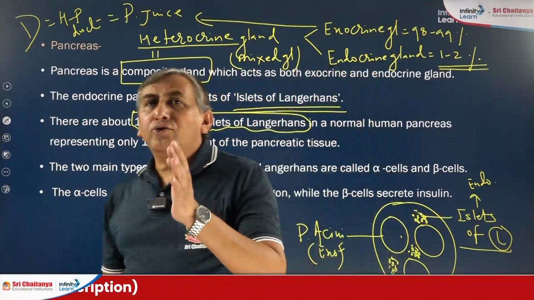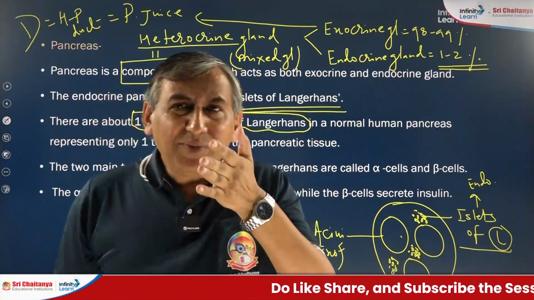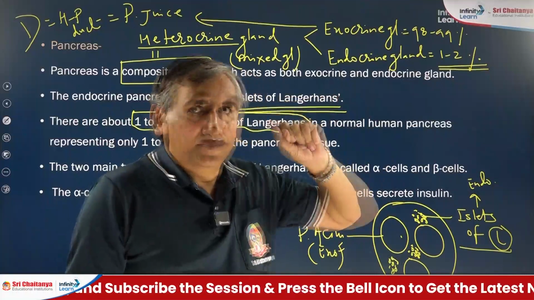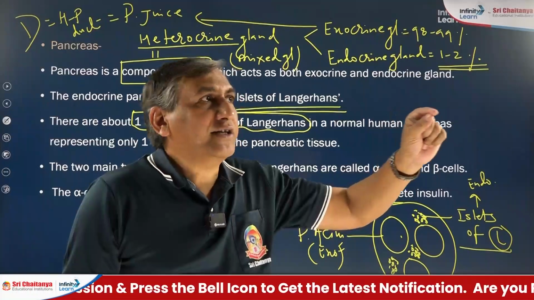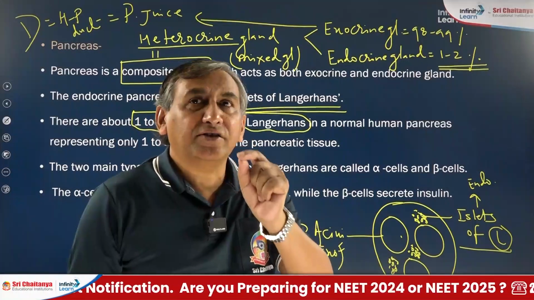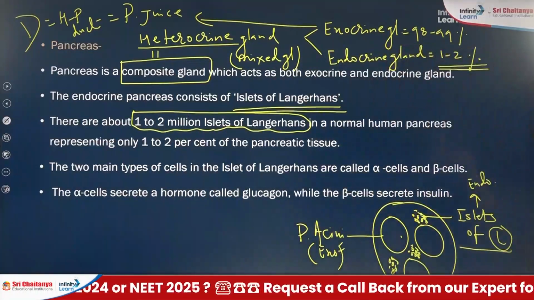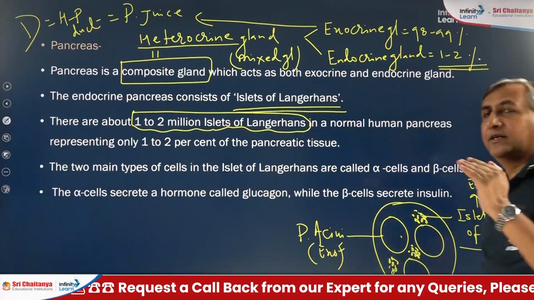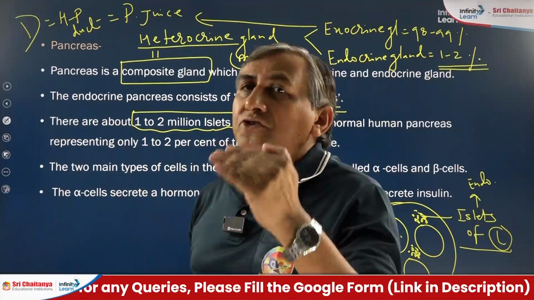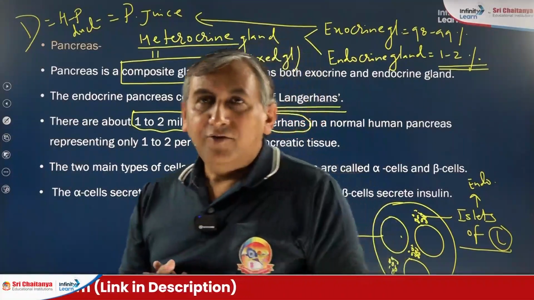So which is the endocrine part of the pancreas? The islets of Langerhans. They can ask a question like this: if there is a blockage in the pancreatic duct, what is the impact on the secretion of pancreatic hormones? The answer is no impact. Why?